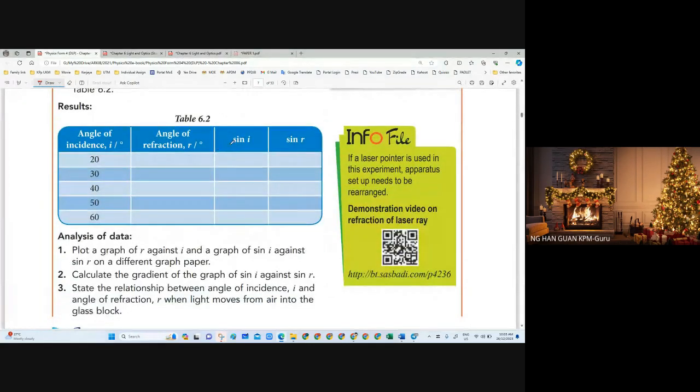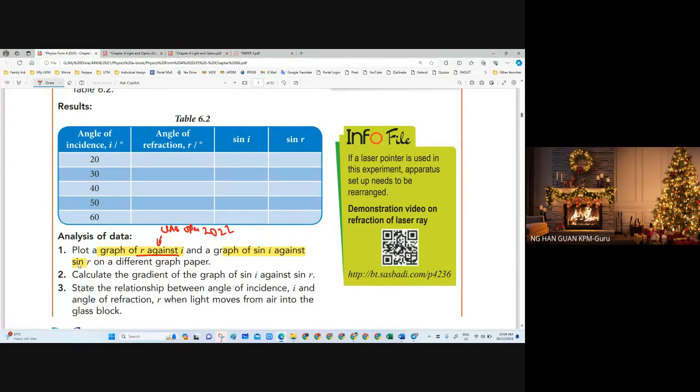Okay, so when we plot the graph of sin i against sin r, we have two graphs that can be plotted here: the graph of r against i and the graph of sin i against sin r. This graph came out in the UASA Science SPM 2022.